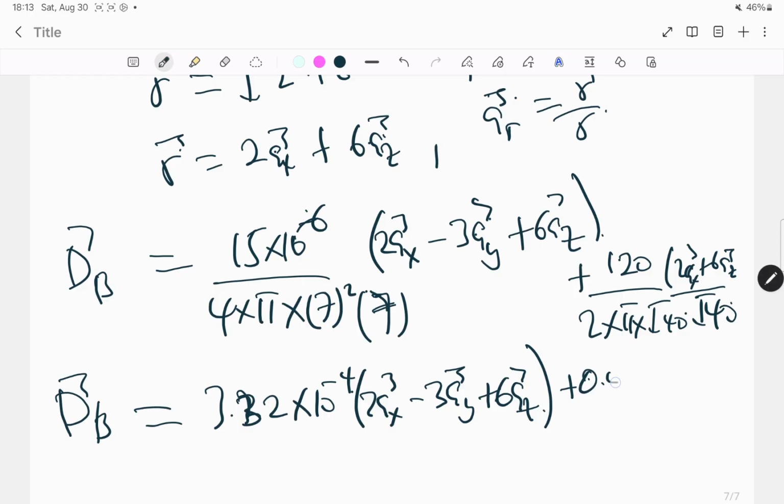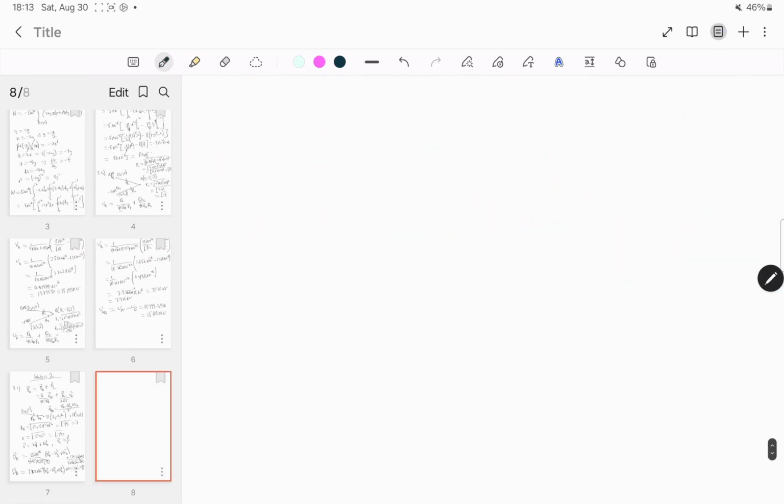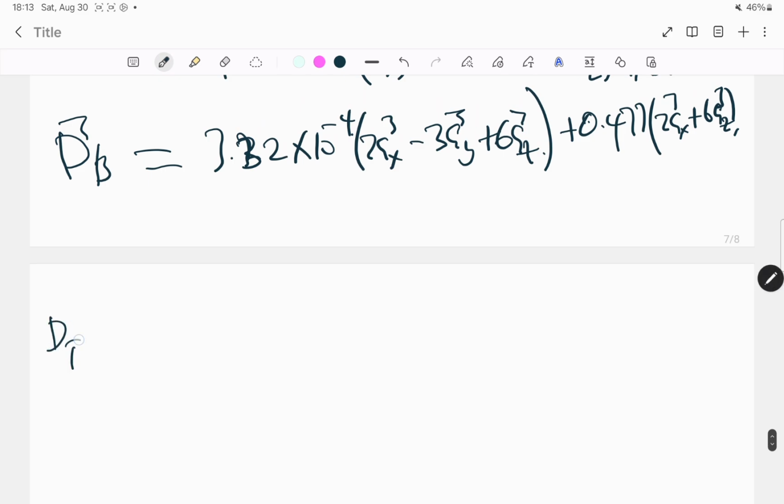So we have here 0.477. Now we bring our brackets, along the x-axis plus 6 along the y-axis. So we have this.